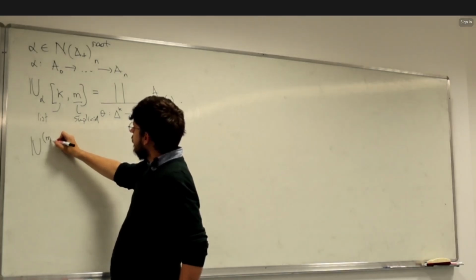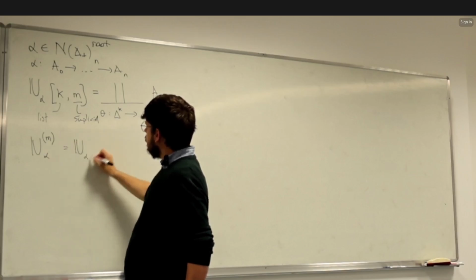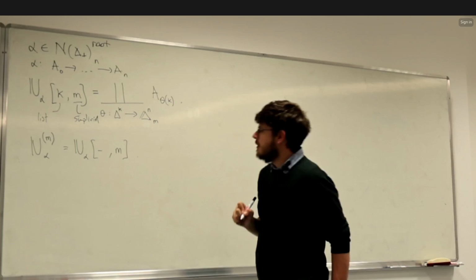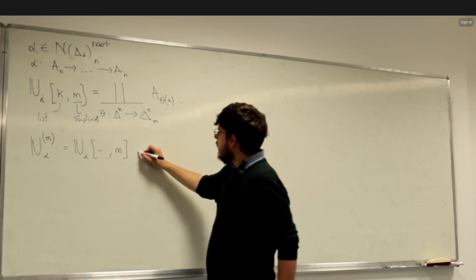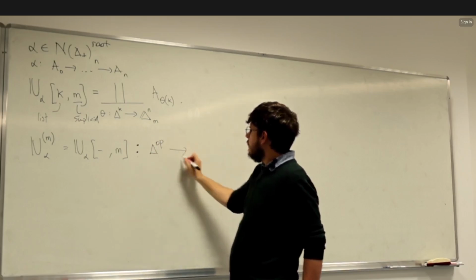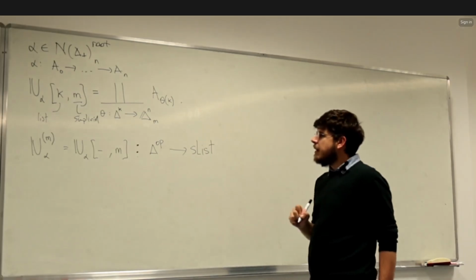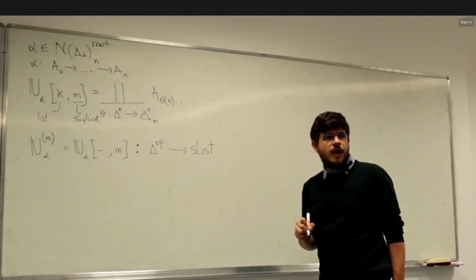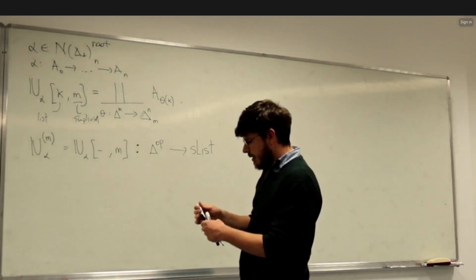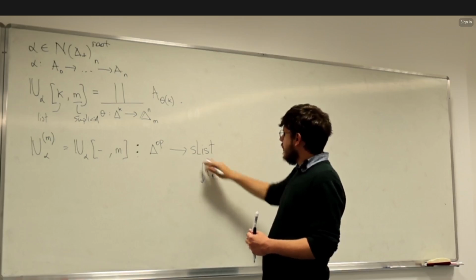So I can define this by letting K vary and M be fixed, and what you get is a simplicial list. Then you apply the free operad functor.